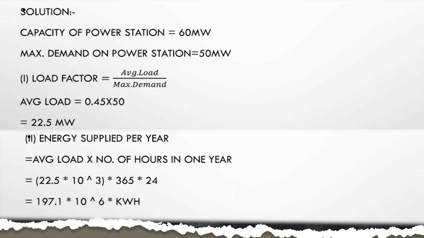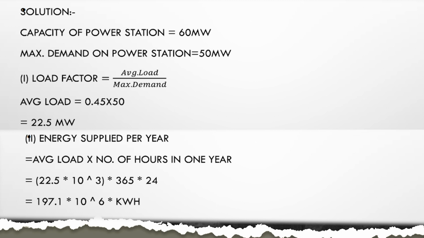Let us move to the second question. Energy supply per year is equal to average load into the number of hours in 1 year.